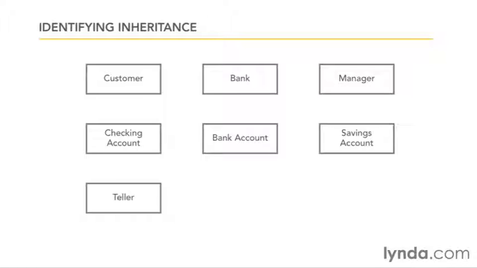So there might be a relationship here, but it's not inheritance. But you could say a checking account is a bank account, or a savings account is a bank account. And it's a clue that we might be able to share some behavior in this area. But it's always that is a question. That should make sense when you talk about it in natural, plain language.